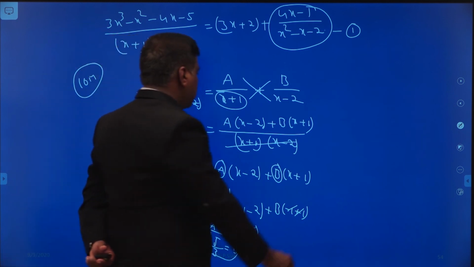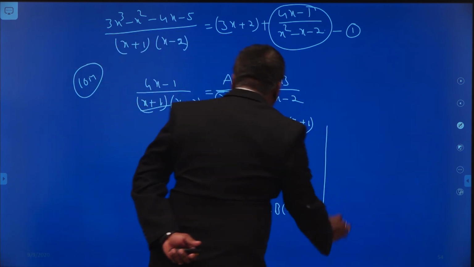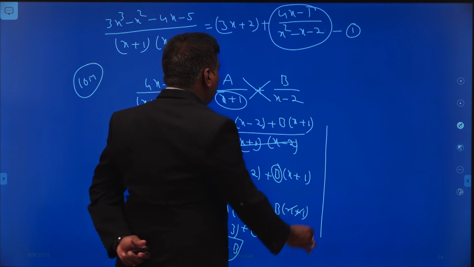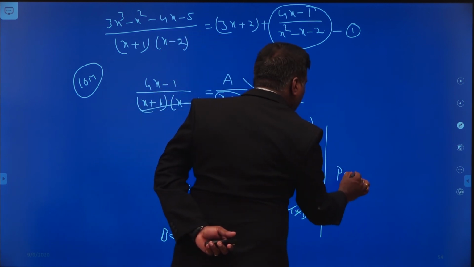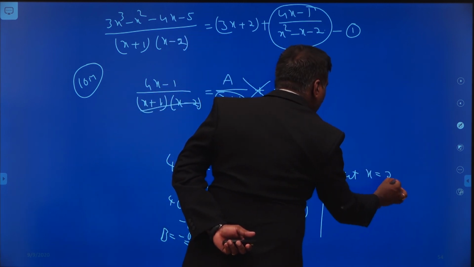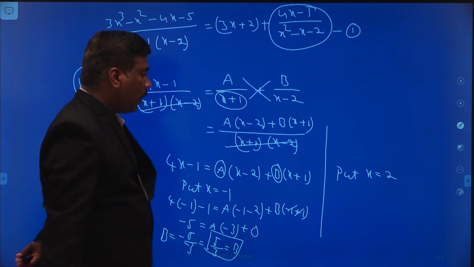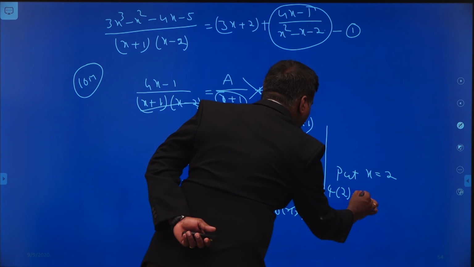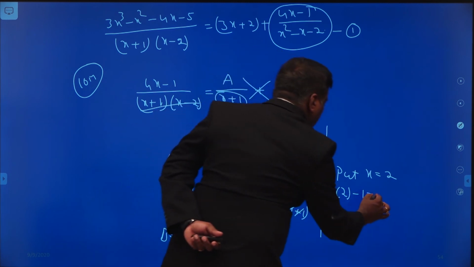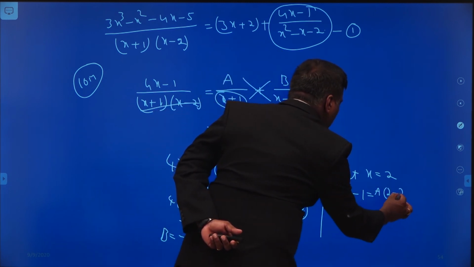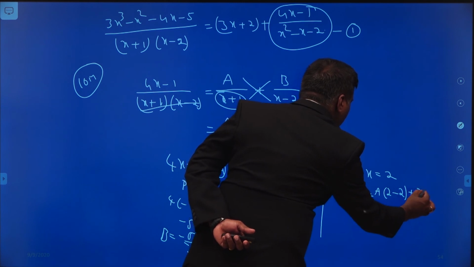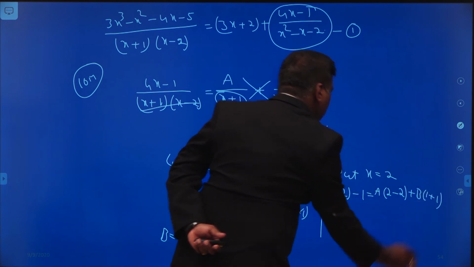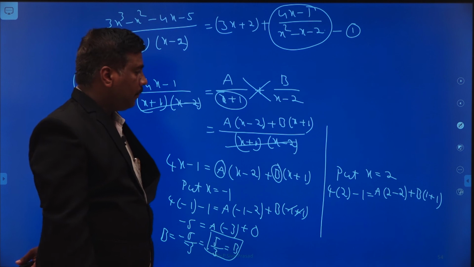Now simply put x equal to 2. Then we get 4 into 2 minus 1 is equal to a into 2 minus 2 plus b into 2 plus 1.